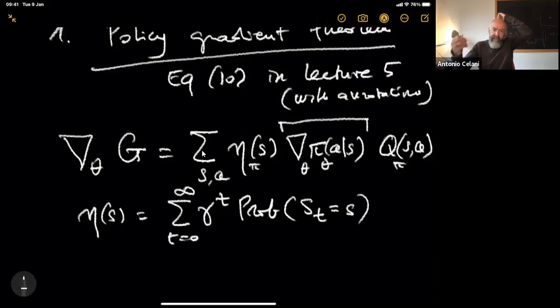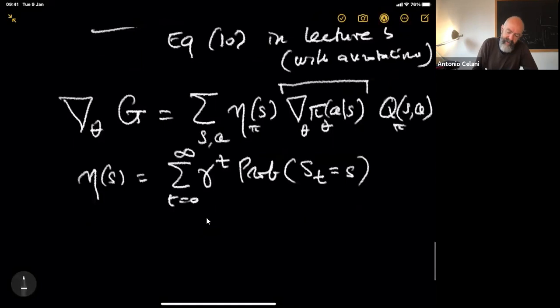So after t steps, starting from an initial distribution, which I don't specify, something like rho naught, I find myself in state s. Accounting for discounting means that, as usual, I can implement this by a killing process in which I stop my process with probability 1 minus gamma at each step.